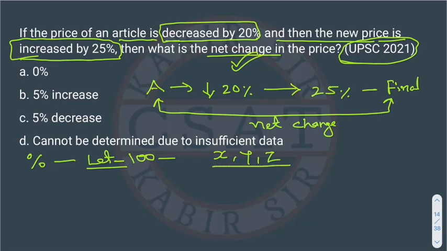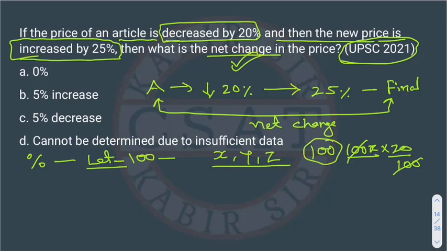But in percentage questions we normally consider a price like 100 or 100x. Why a multiple of 100? Because there is percentage. If we want to calculate a percentage like 20%, the 100 will cancel this 100. So the calculation is easy. That's why we consider 100 or a multiple of 100.